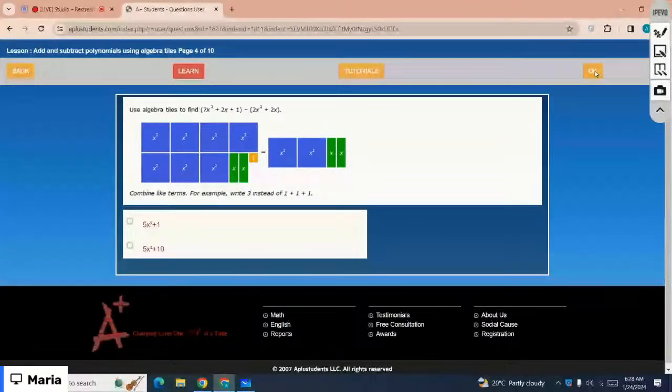The correct option is, yes, option number 1. 5x square plus 1 is the correct option. Very good.